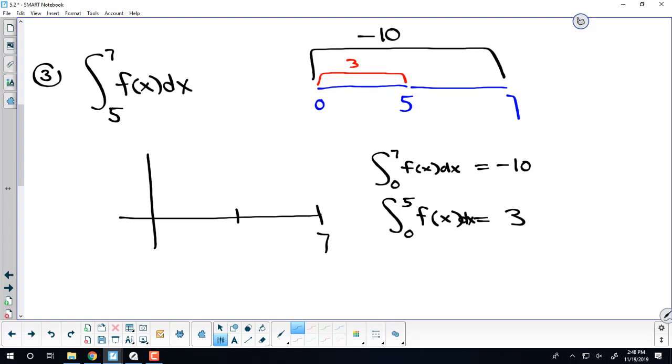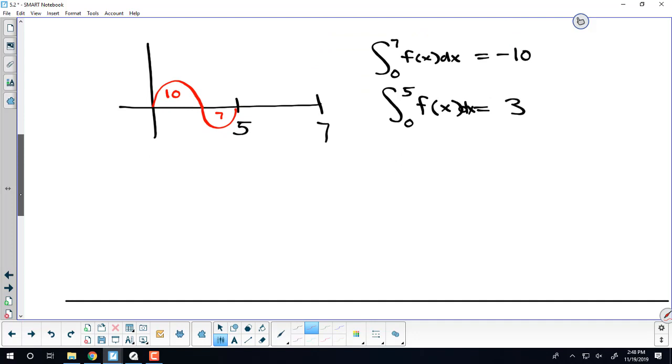Even from 0 to 5, it could be that I have, I don't know, an area of 10, and then an area of 7 below. That's just one possibility. How many different ways can you add up 2 or 3 or 5 things to give you 3? There are infinitely many ways. That's just one scenario.